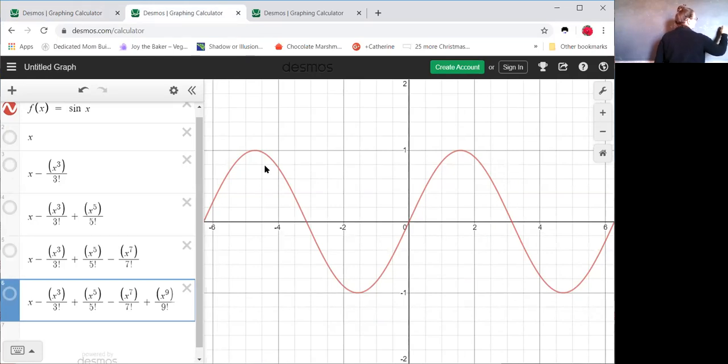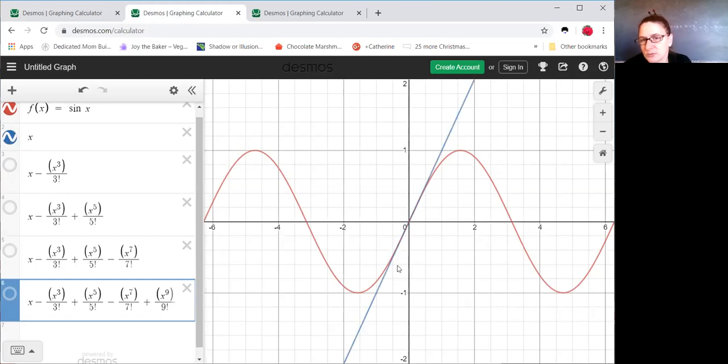So this is what that looks like. I'm not going to write up the nth term formula, but this is sine of x, and around x equals 0.